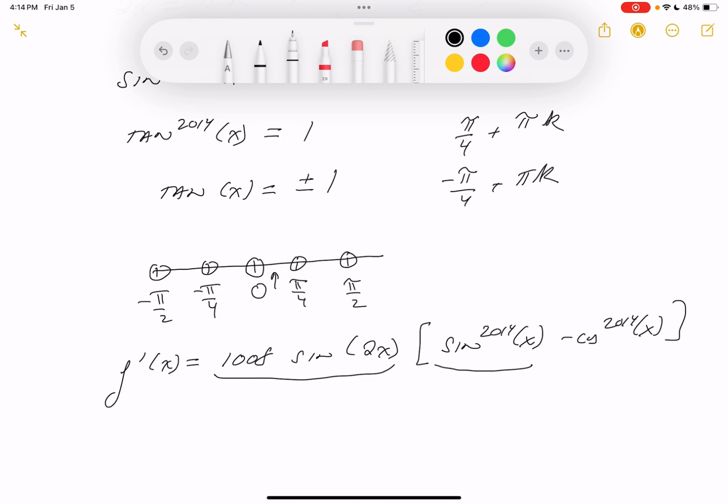And what happens over here? Well, looking at these things, that cosine is really going to overpower it, which is going to make it negative. All right? And then if I do this test point over here, take a number between pi over 4 and pi over 2, going up above 45 degrees, this thing is still positive over here.